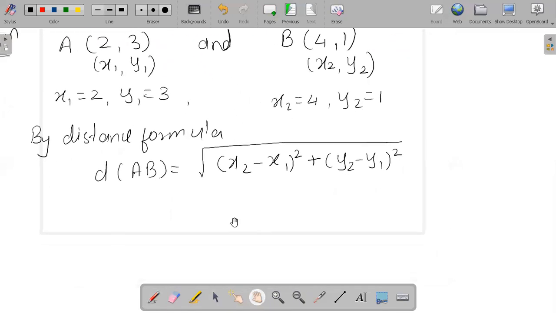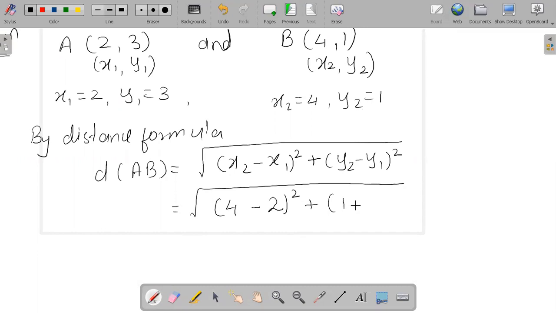Now we need to just substitute the values exactly same way. So this would be x2 is 4 minus x1 is 2 the whole square plus y2 is 1 minus y1 is 3 the whole square. How much is 4 minus 2? 2.